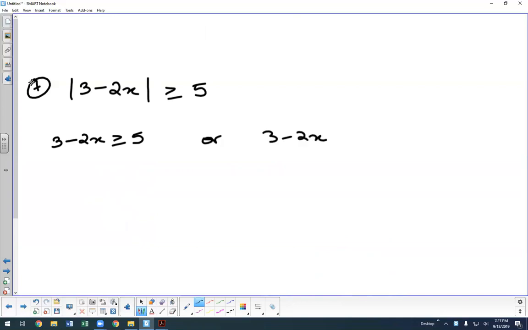Change the direction of your inequality and put a negative sign on the 5. So in the second setup, again, the inequality symbol will change and you will get a negative on the number. So start by subtracting 3.